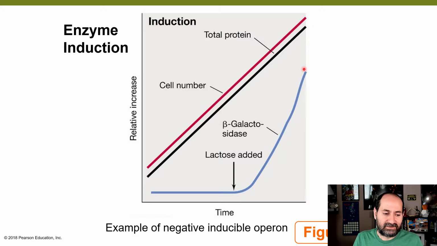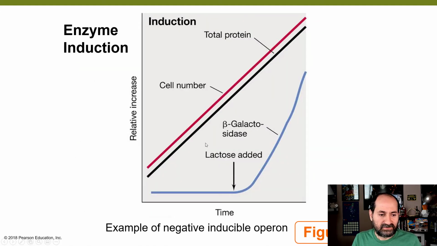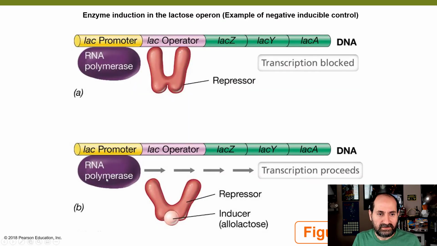that breaks down lactose. So let me show you this same system shown in figure 6.5. Let me show you this in a little more detail. This here is an example of what's called a negative inducible control gene expression control mechanism. Negative meaning what? Remember from your notes earlier, I told you that negative means it involves a repressor.